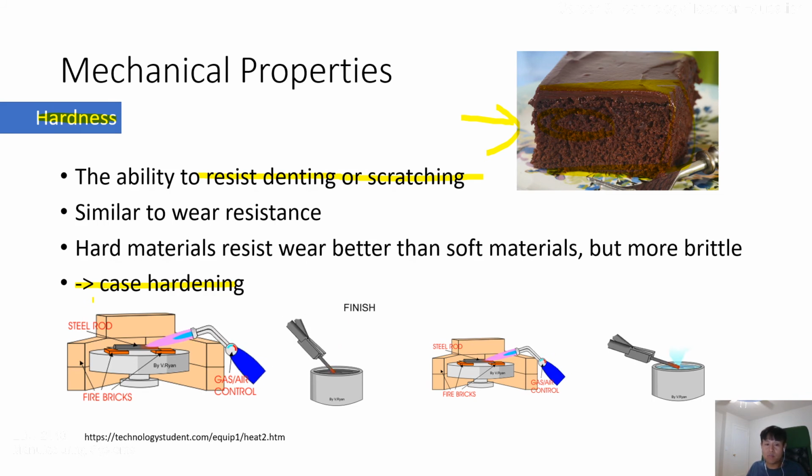To change the property of metal, people use heat treatment. Like this gas torch, they put heat on the material to a high temperature, and then put the material into this can.